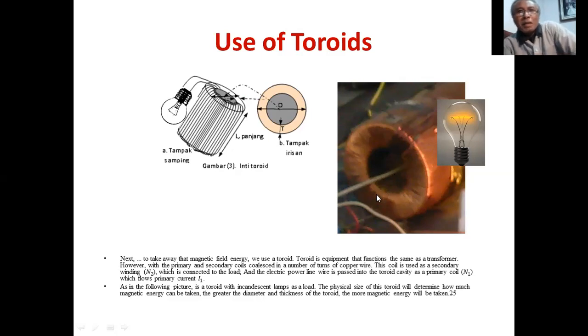The physical size of this toroid will determine how much magnetic energy can be taken. The greater the diameter and thickness of the toroid, the more magnetic energy will be taken. A large toroid size, especially in thickness and diameter, will be able to take more magnetic flux from the magnetic field.